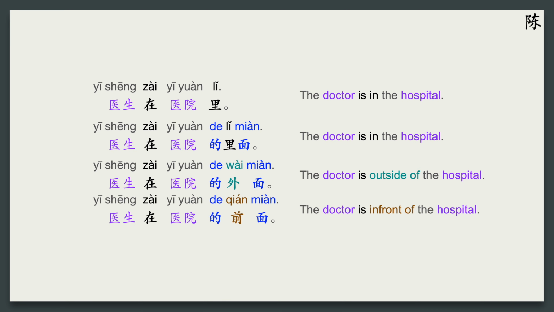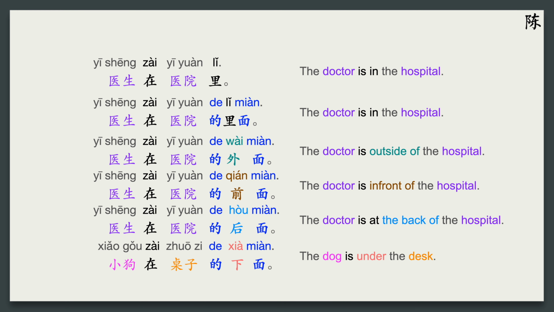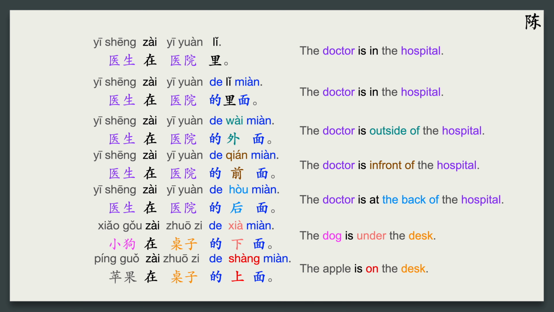The same as front side, back side, lower side, and upper side. 外 means out. 前 means front. 后 means back. 下 means lower. 上 means upper.